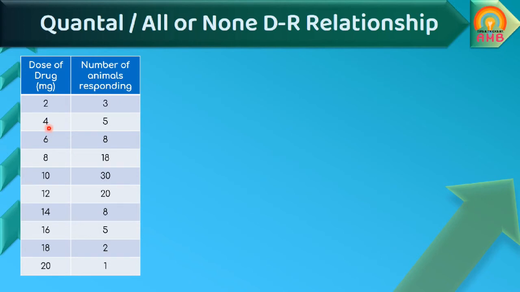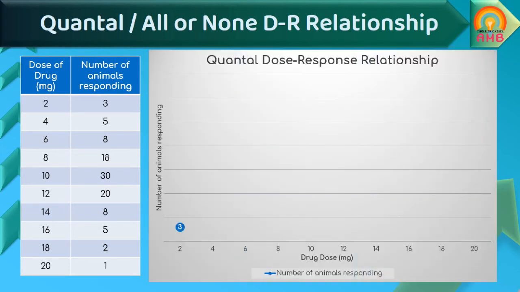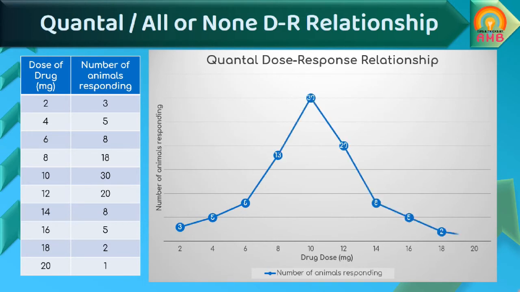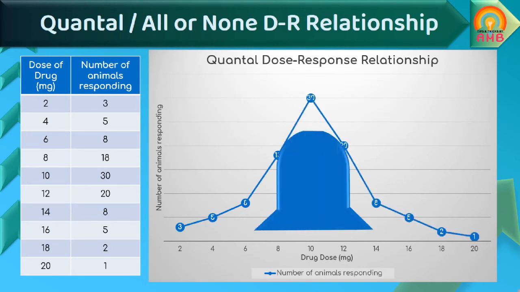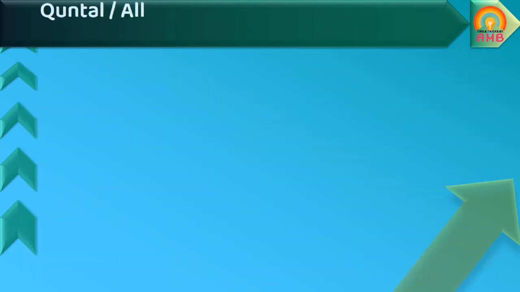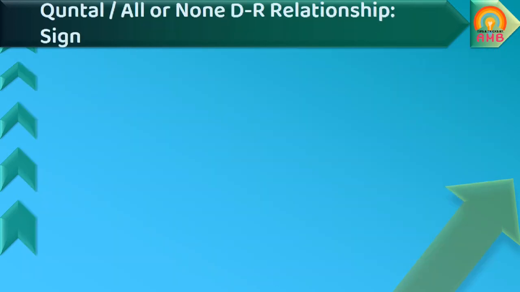While giving further higher doses, the subjects who already responded to previous doses are excluded from the further study. If we plot a graph of dose of drug against the number of subjects responding, we will get a bell-shaped graph. Now, the significance of quantal dose response relationship.